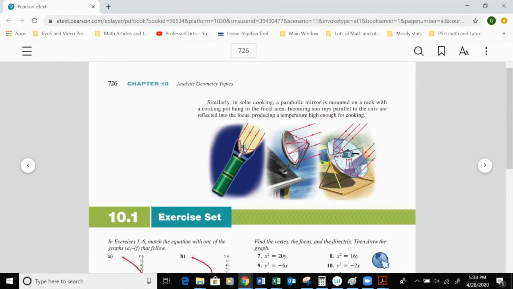And if you think that this bulb is at the focus, or this receiver is at the focus, or this pot of rice is at the focus, the remarkable thing is about rays that, let's first talk about entering. Rays which enter the parabola in a parallel fashion.